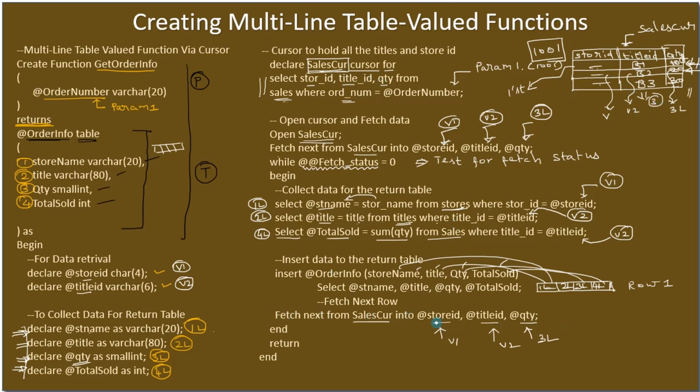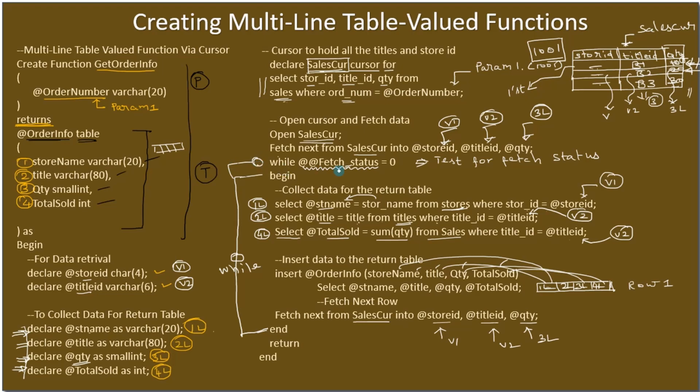So now we fetched the local variables here, store ID, title ID and quantity, and after this, what happens? This is the while loop, right? Begin and end. That's the while loop, right? So after fetching, we will go to this begin.